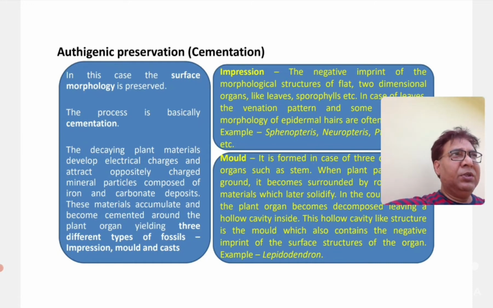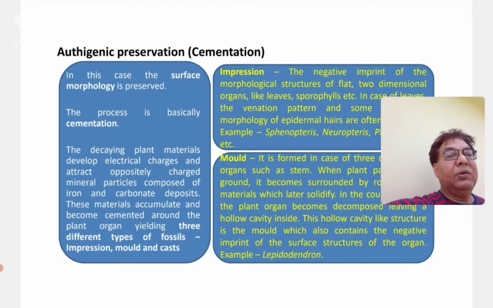If the material is a flattened object, then the sedimentation occurs layer after layer, and when it solidifies and you split it open, it will reveal the surface feature, the imprint of that specimen, and this is called the impression. So an impression is basically the negative imprint of flattened two-dimensional objects like leaves and sporophylls.